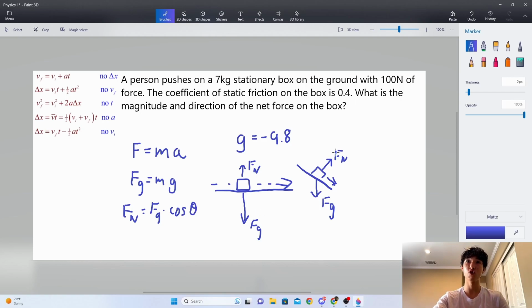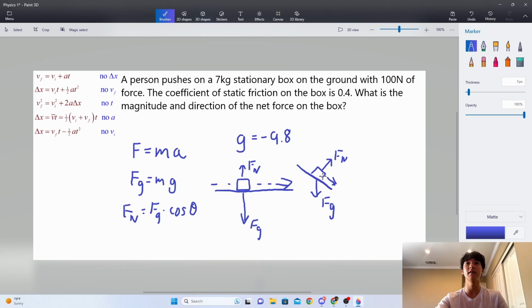But normal force is essentially the force that the earth is pushing onto the object, if that makes sense. In this case, because it's on an incline, the earth is pushing perpendicularly toward the object, so the normal force is going this way.